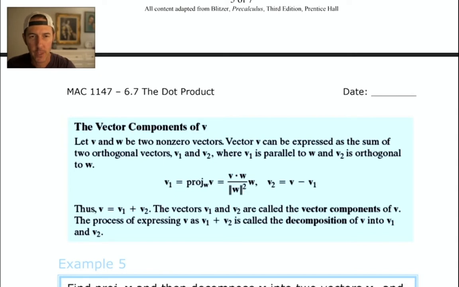V and W are two non-zero vectors. That's good. Vector V can be expressed as the sum of two orthogonal vectors V1 and V2.